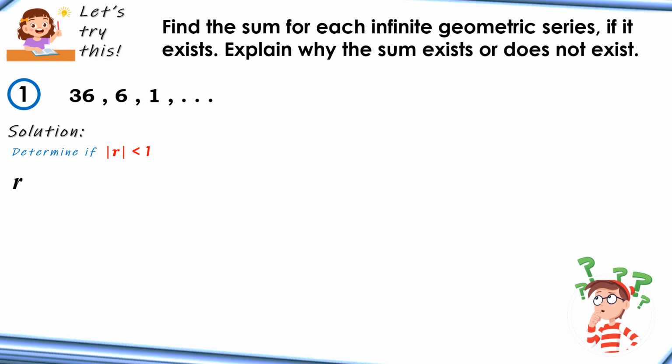So we have r is equal to second term divided by first term. We have 6 divided by 36, and that is equal to 1/6. The second pair of terms gives 1/6 as well. So, nasa simplest form na yan. So, ang ating common ratio dito ay 1/6.